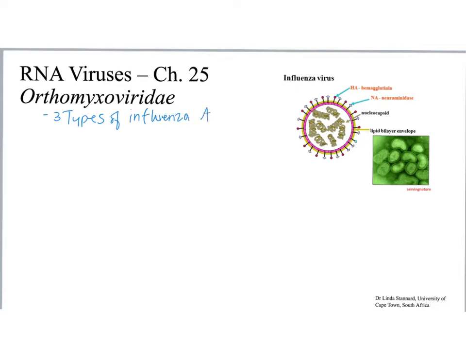Okay, there are A, B, and C. Influenza A is typically the worst in humans, with the most severe signs and symptoms. Influenza B, if you're infected with one of those viruses, is clinically usually not as serious.